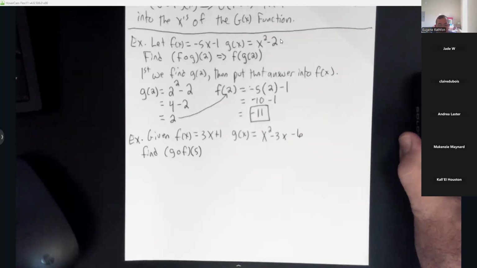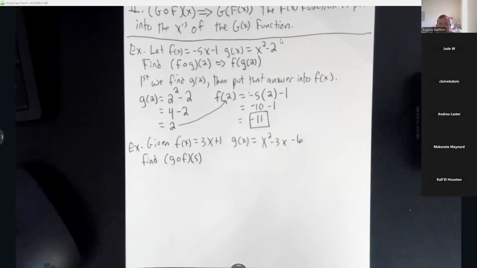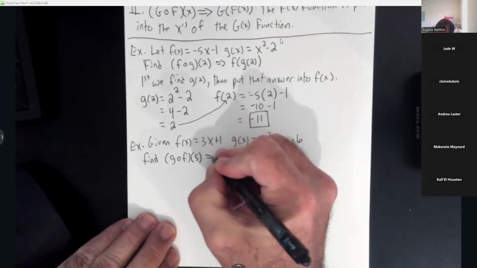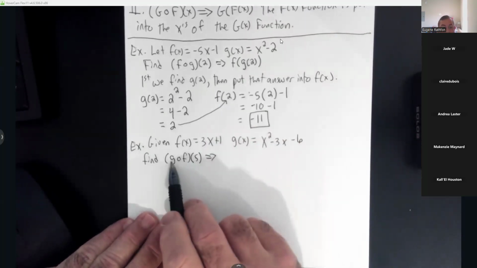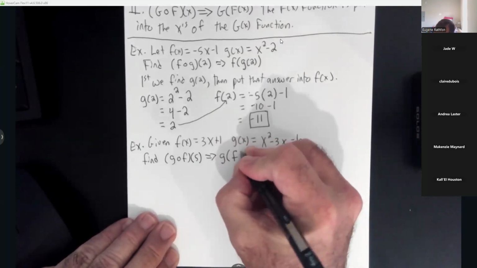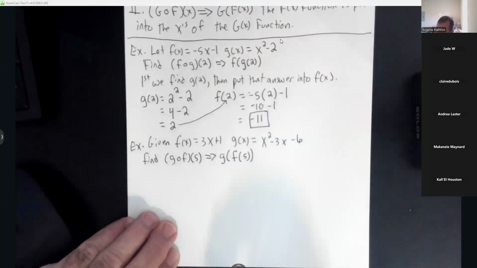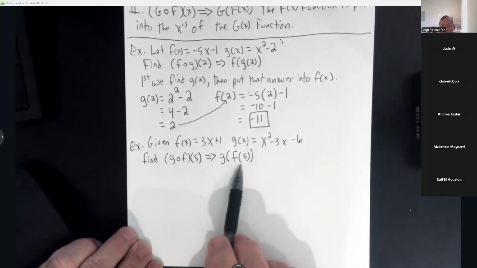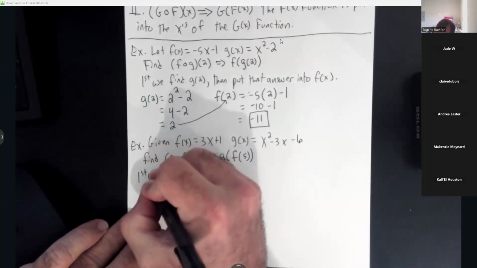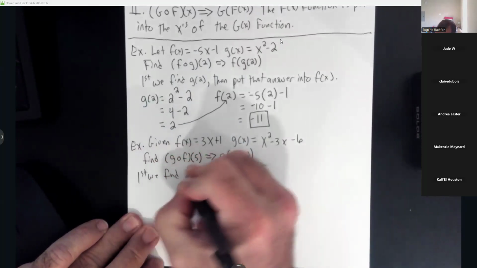All right, so notice this one's sort of in reverse order. They've got the g of f of 5. So this one, if I was going to write it out in other symbols, would be g of f of 5. So for this one, we're going to find f of 5 first.